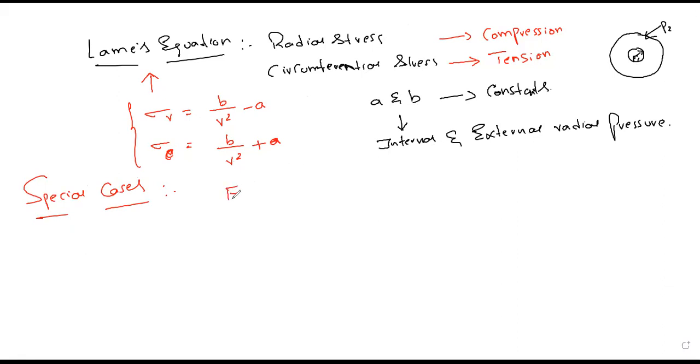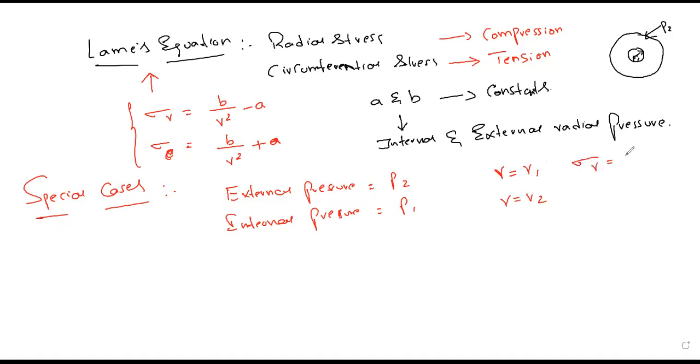The external pressure is P2 and your internal pressure is P1, where R is the radius 1 and 2. Sigma R is P1, which is acting internally, and sigma R is P2, which is acting externally. There will be two kinds of radius and two types of pressures.